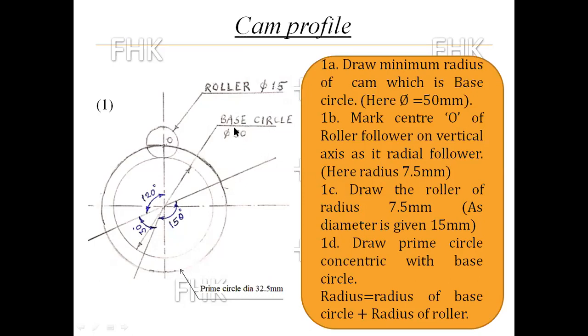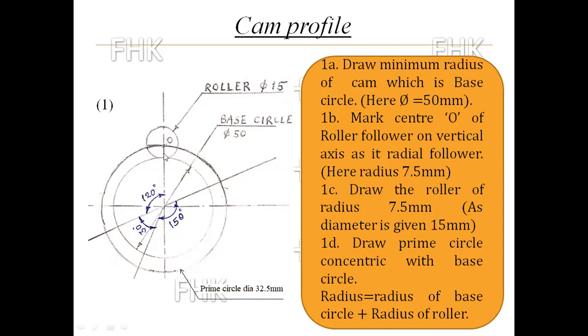I will add it to 25 mm, which is the radius of the base circle. 25 plus 7.5 will be 32.5. I will mark the 32.5, and I will draw the concentric circle or offset circle to the base circle.